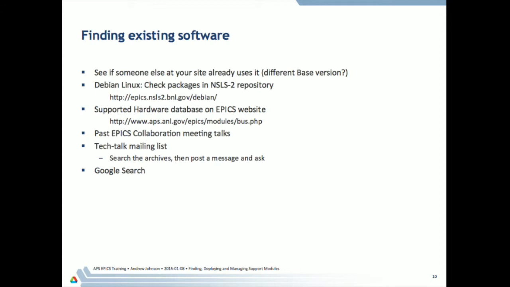It's much simpler to install somebody else's code than to write your own from scratch, for more complex devices at least. And even Google searches: I found things I wasn't aware of just by typing EPICS device support and a module name. They didn't appear in the hardware database, because people do publish these things, they just don't necessarily tell us about it.